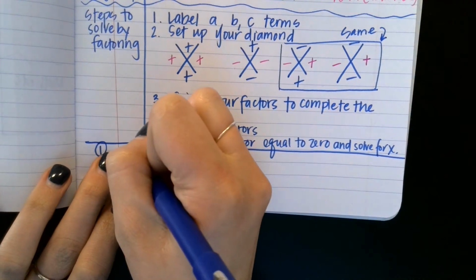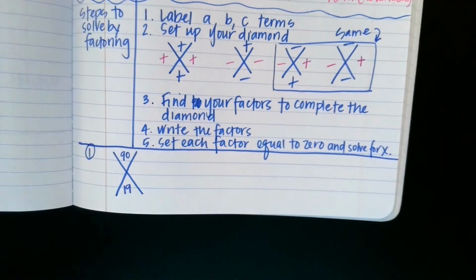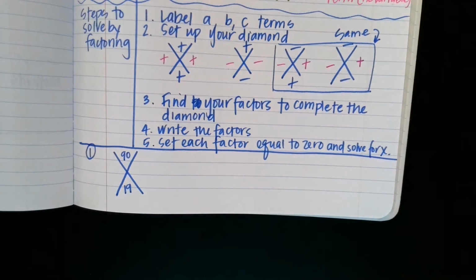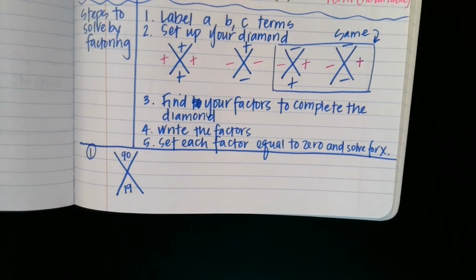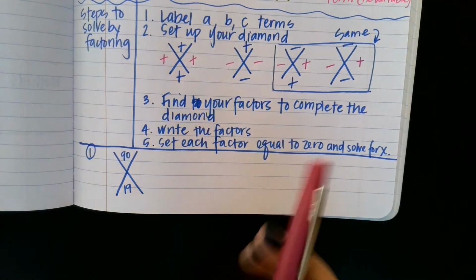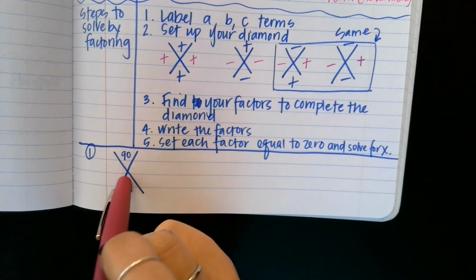We'll start off with an easy one, 90 and 19. Okay, so gentlemen, this is where I'm going to need your participation. I've got Dave and I've got Aiden with me. Okay, so gentlemen, these diamonds are going to be what we're doing tomorrow. This is what we're going to spend just tomorrow doing.